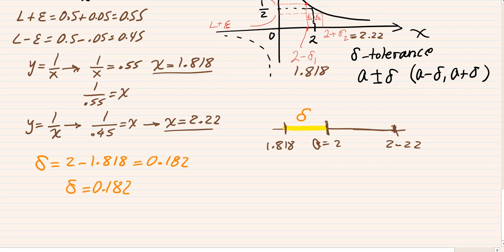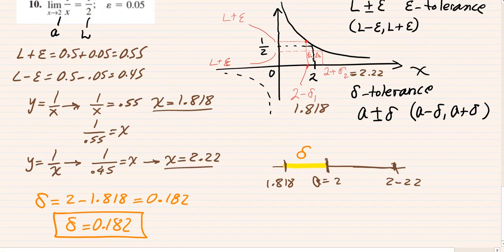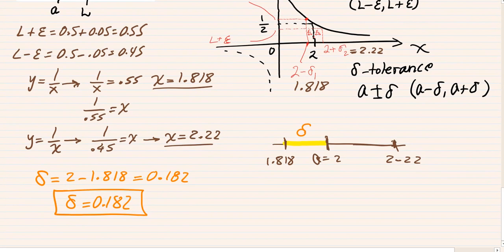So if we choose delta to be 0.182, we're going to be within half a unit of the limit. On the higher end, we know we're going to be actually less than half a unit, because this upper distance was 0.22, and we are at 0.18. We are right about here.